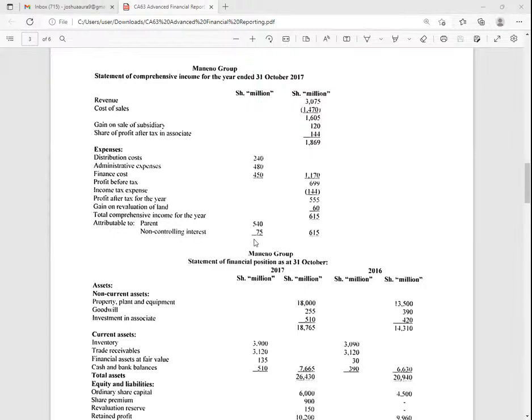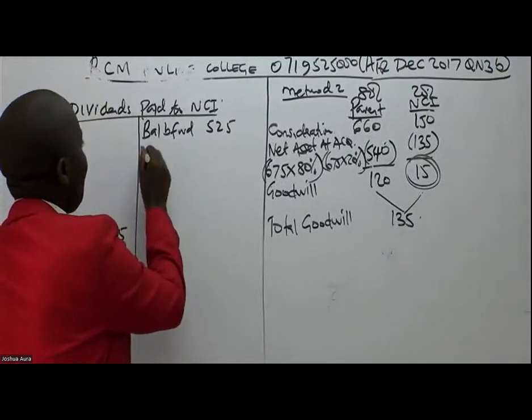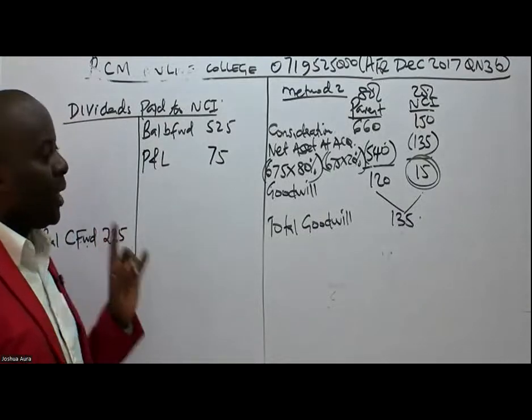We gave them 75. So if we give them 75 in form of profit, we shall debit the P&L, and then we credit the NCI's account with that figure. So we have here profit and loss, 75.